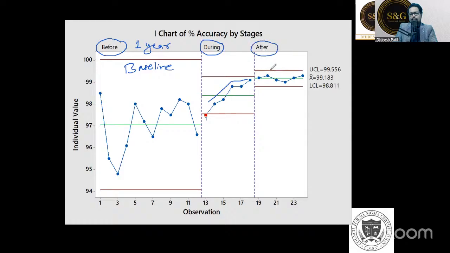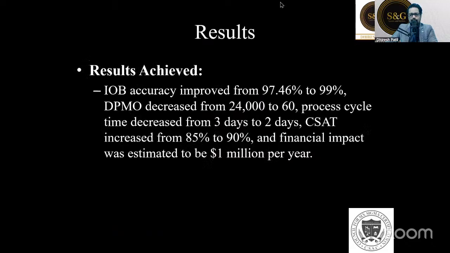After improvement, they monitored it for almost 6 months and found it improved to around 99.183%. So from 97 point something, it improved to 99.18%, which was a clear-cut indication of improvement. Now, these kinds of stage control charts can also be made. I can show you an example of it.